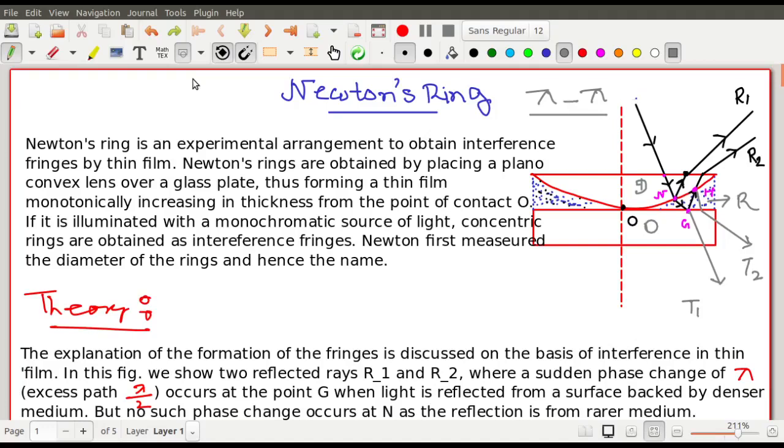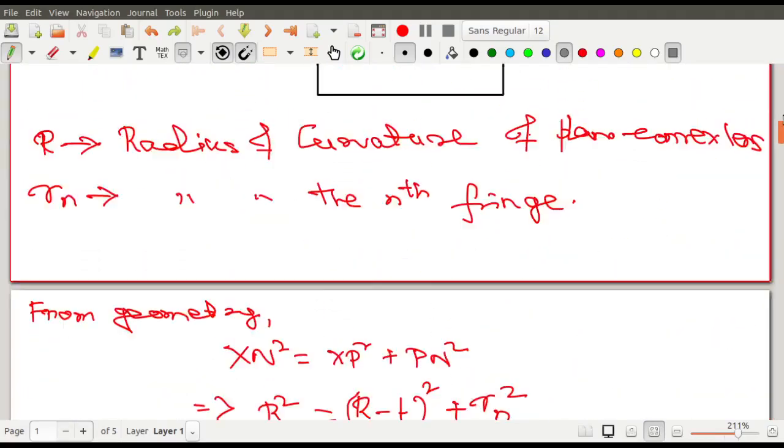So as there is a phase change of pi in both of them, that is why in the transmitted system none of them will have an extra phase change, which was there the previous time, and as there is no phase change, the pattern will be just complementary, because in the reflected system there was an extra path of lambda by 2 within R2, but here in T1 and T2 none of them has any such, so the pattern will be complementary. Since there is no phase change here, which was there last time, that's why.